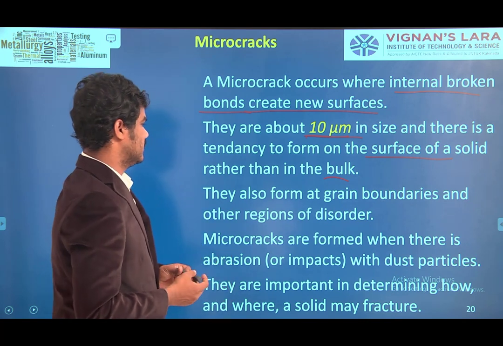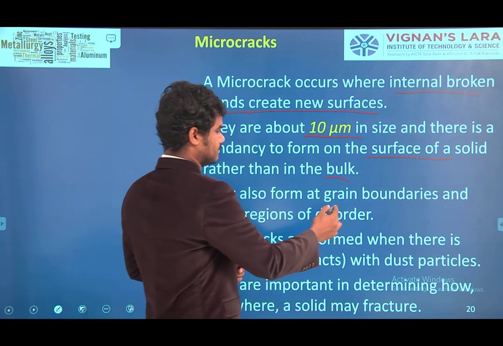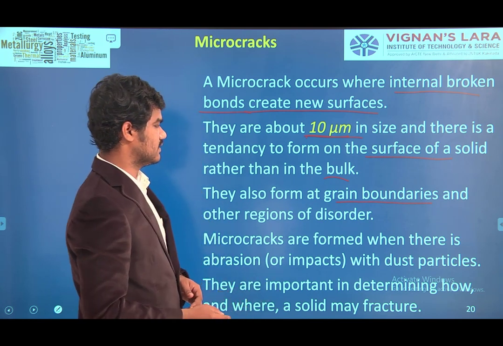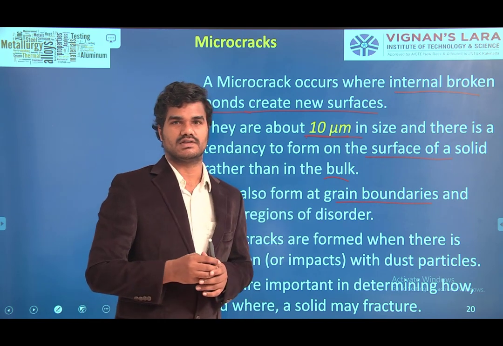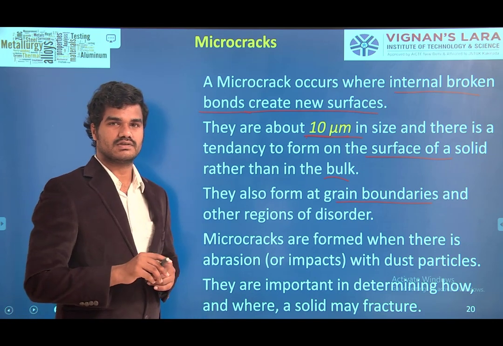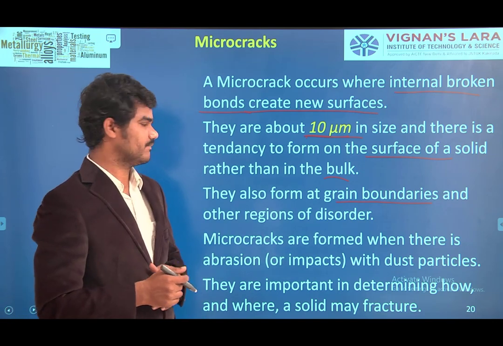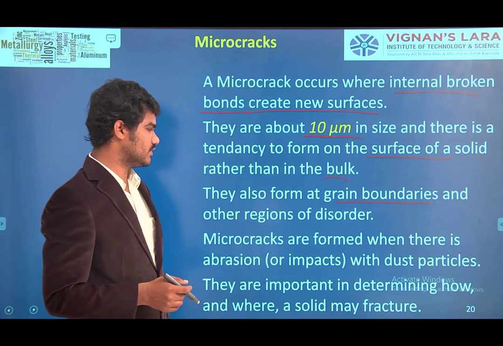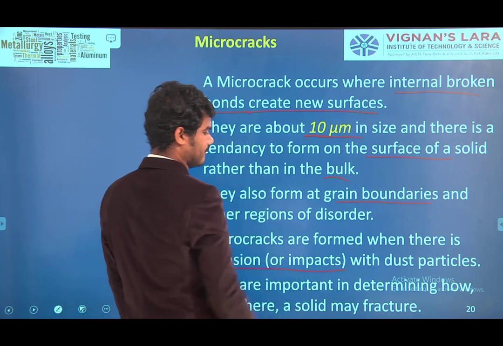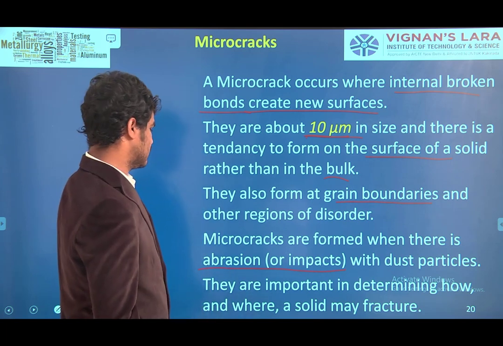They also form at grain boundaries and other regions of disorder. At the grain boundaries also, microcracks will form. These microcracks are formed due to abrasion or impact with dust particles.